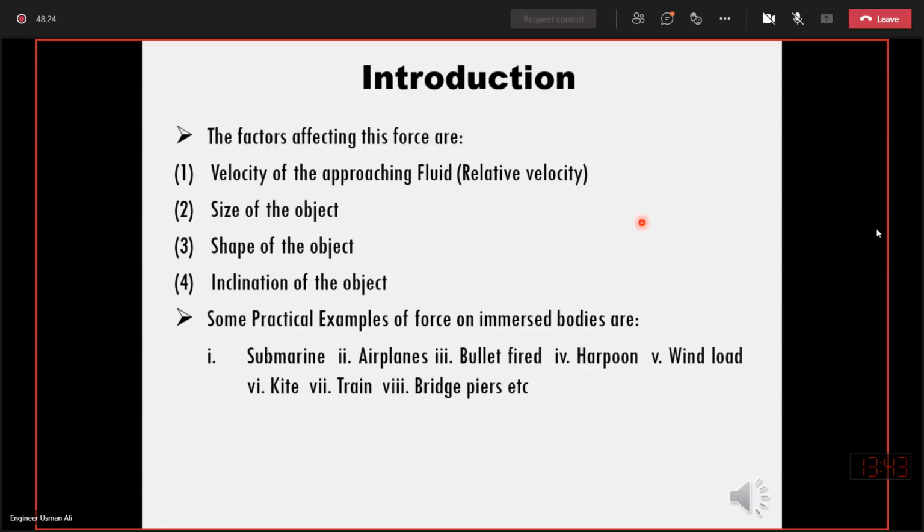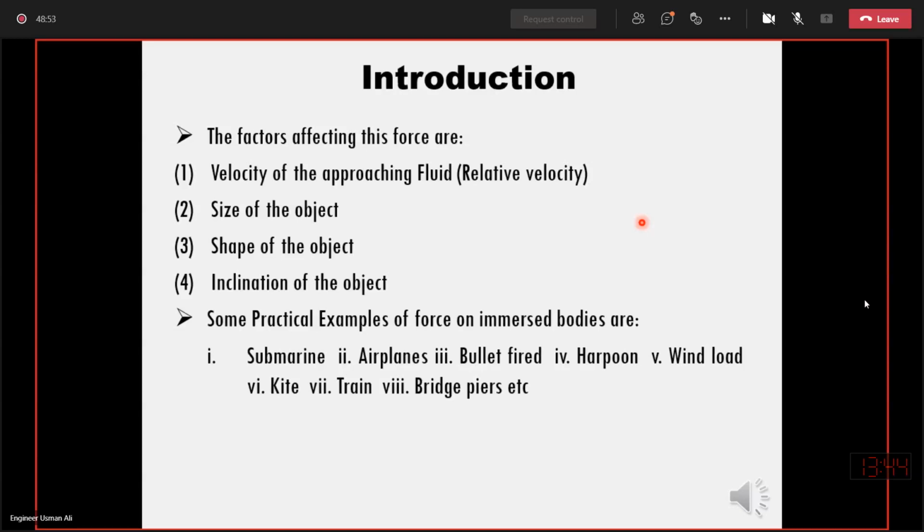Some of the practical examples that we have for the force on immersed bodies are submarines, airplanes, bullets fired, and harpoons. A harpoon is a device having a very sharp tip and a cylindrical element attached, and it is used to catch fish in seas, oceans or rivers, etc. Wind load on buildings, kite flying, trains, bridge piers.